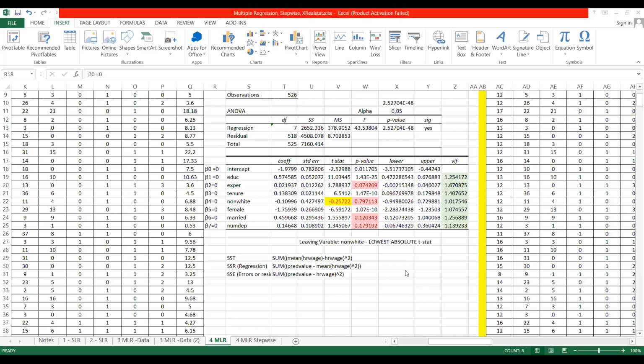Pause ko sandali. Wala pa. Sa canvas mo binuksan. Pause ko lang recording.